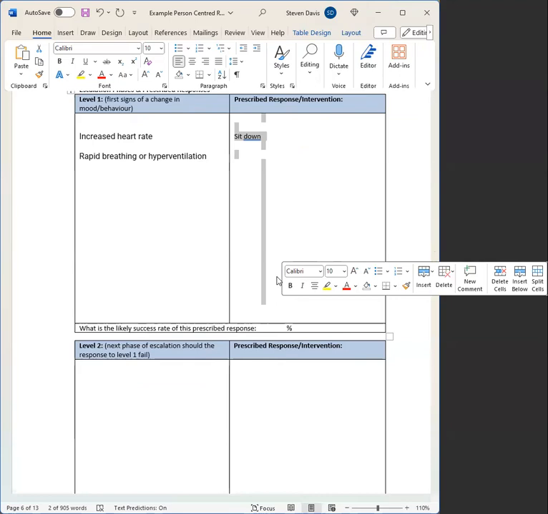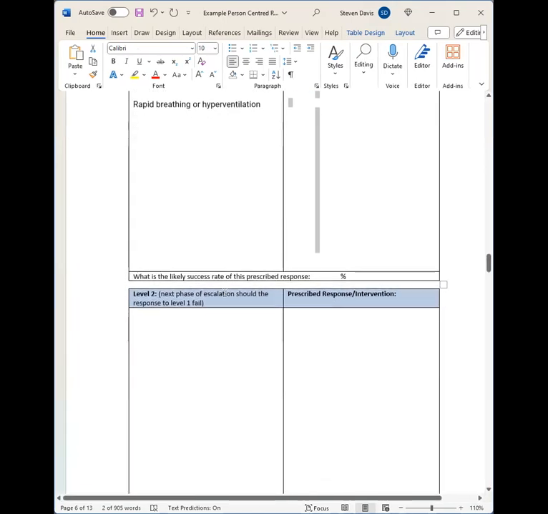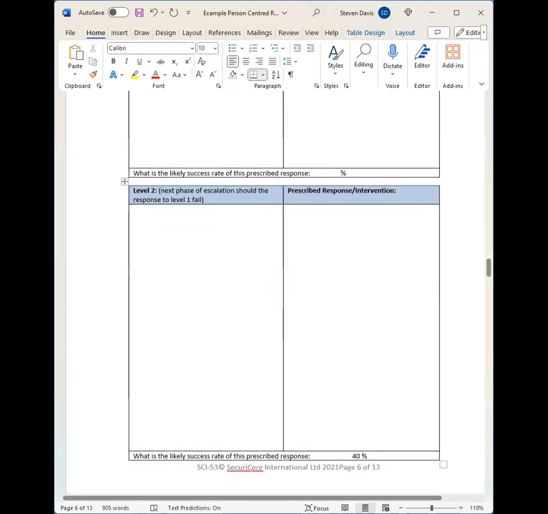Now, hopefully, you're going to be around the 80 mark, 80%, great. That does mean, though, that there's still a 20% chance that it won't work, and therefore we're going to move to level 2.